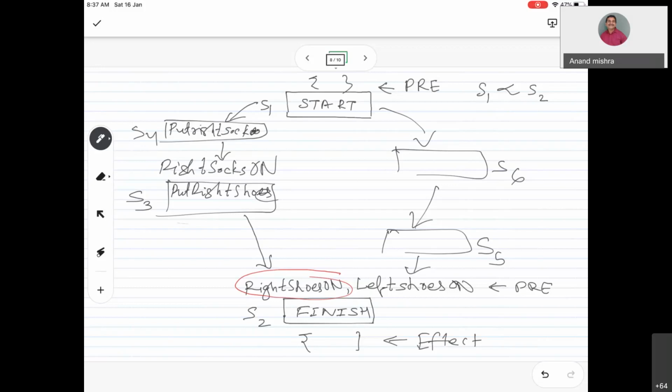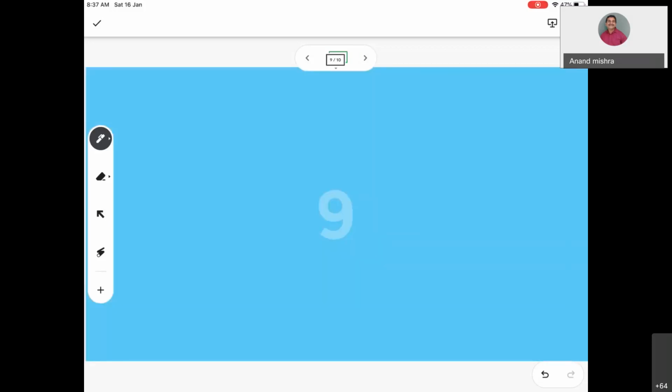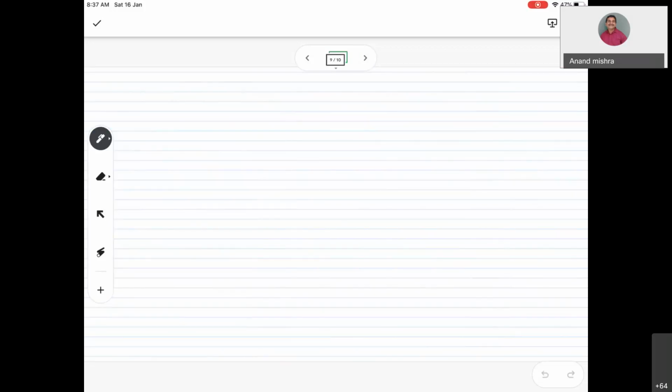So how do we write this initial plan in the formal way? So the initial plan will be written as this. So you have a plan, right? I said a plan always has four things.